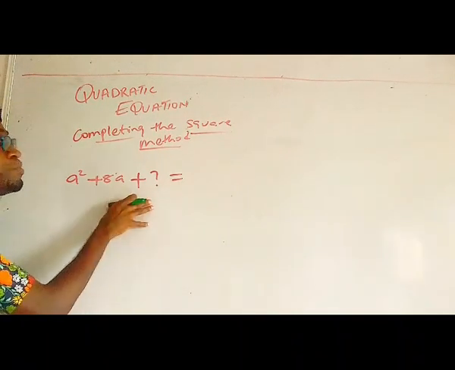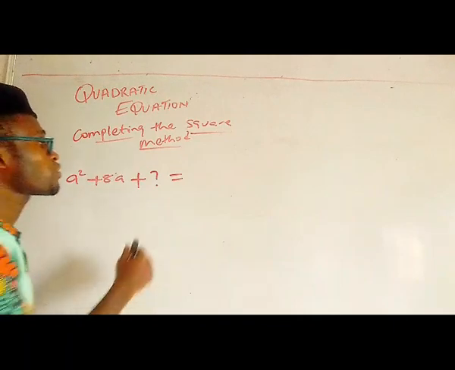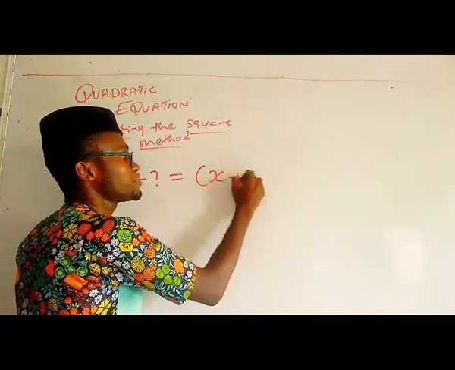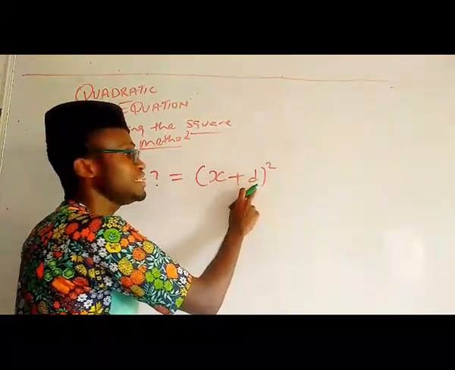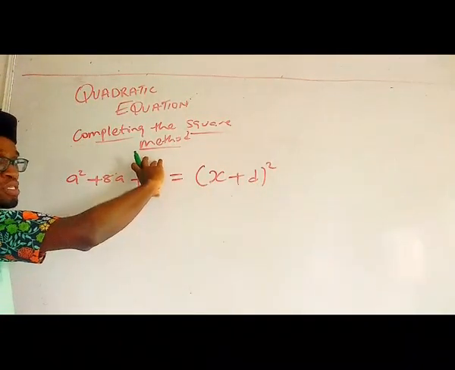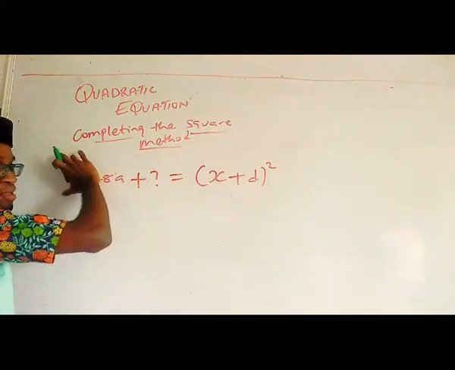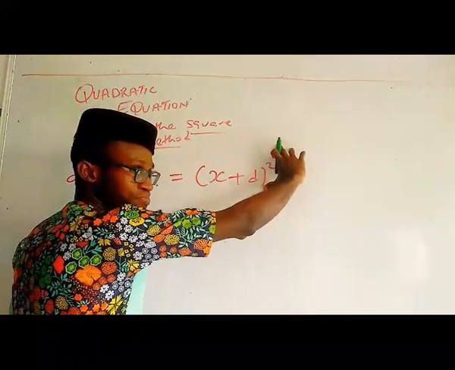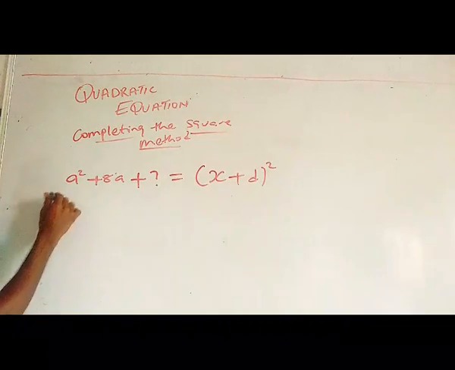We want to make it be in this form, where D is going to represent a number. So what can we add to this to make this to be like this?